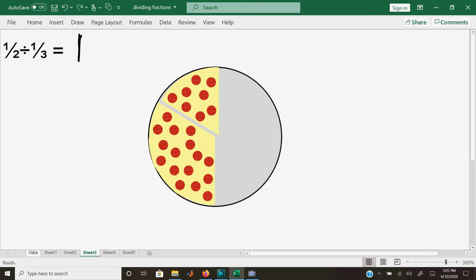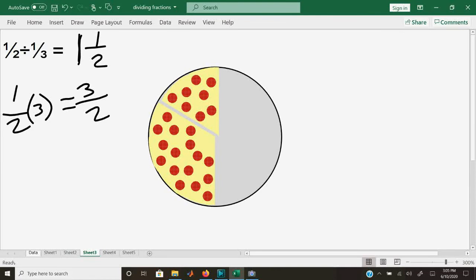My answer is actually going to be in terms of thirds. The question is, how many thirds do I have? I have at least 1. And then my other sixth is 1/2 of a third. So if I look at my pizza, I have 1.5 thirds, or 3/2 of a third, which is 1/2 times 3.